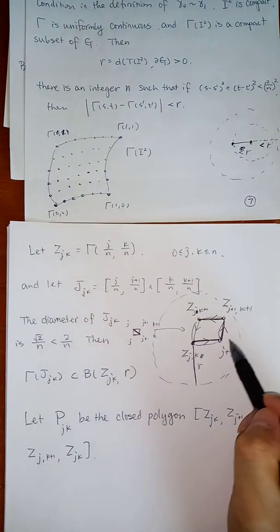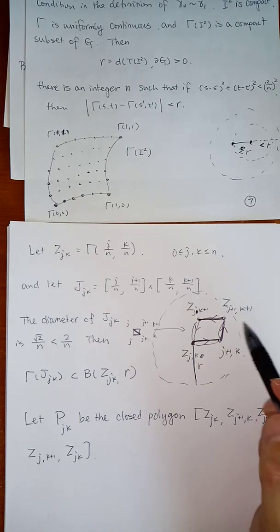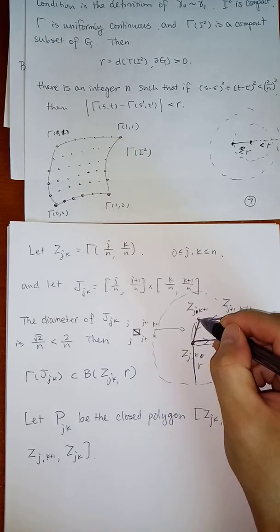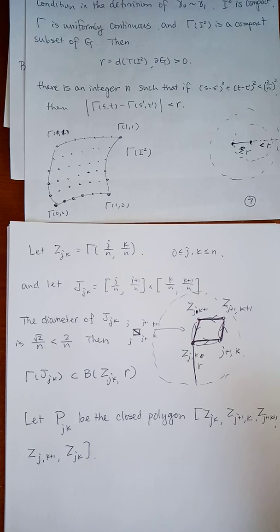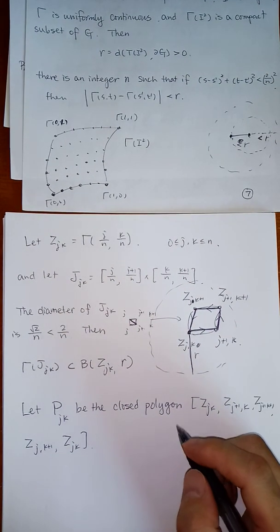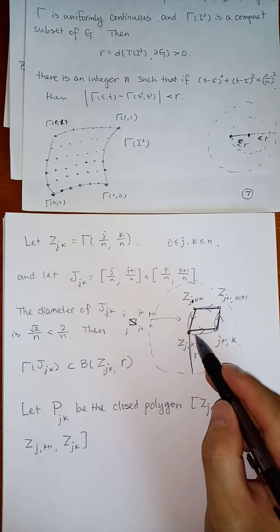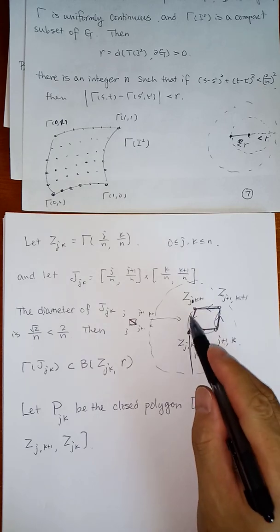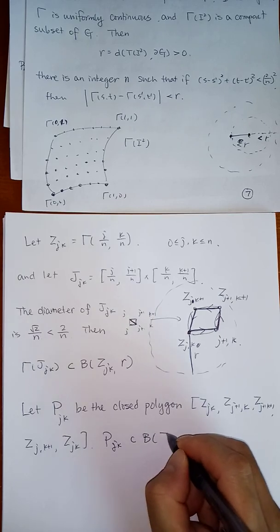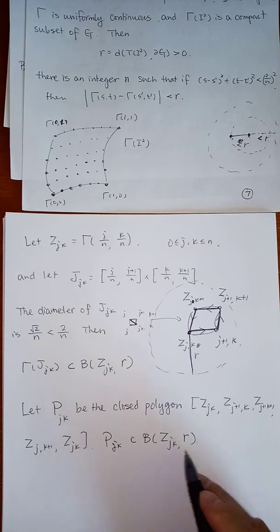So it's a region with 4 sides, a straight segment polygon. Those points are inside the open disk, and the disk is a convex set. This polygon P_jk is also totally contained in the disk centered at z_jk with radius r.